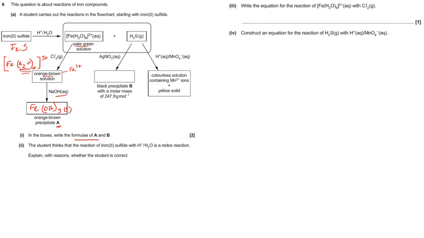So now let's move on to B. In this first reaction, we've made our hexaaqua iron 2+ complex. We've also made some hydrogen sulfide, and when we react that with silver nitrate, we're going to get some silver sulfide.